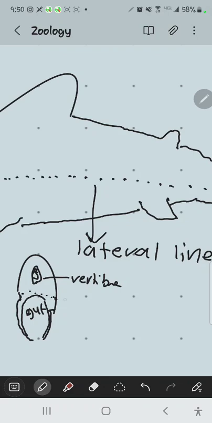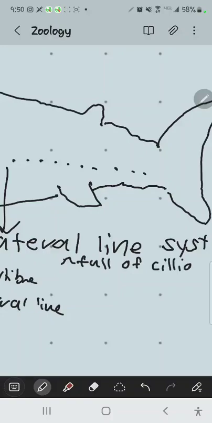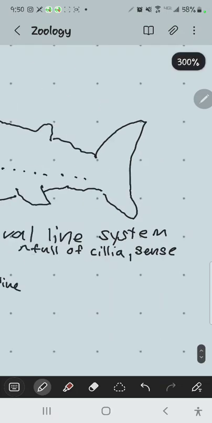The lateral line is full of ciliated cells. These are cells that have cilia in them, so they can sense vibrations. You have probably seen schools of fishes swimming together, and they seem to seamlessly swim without looking at each other. This lateral line is like a pressure sensor with ciliated cells in it.